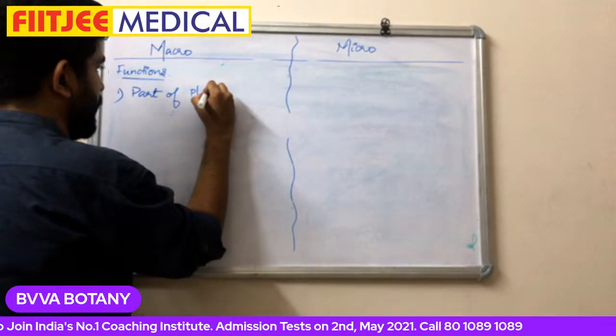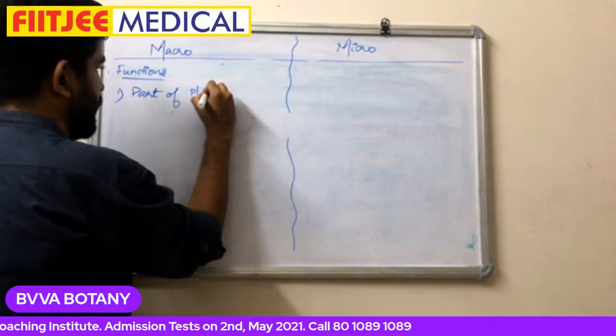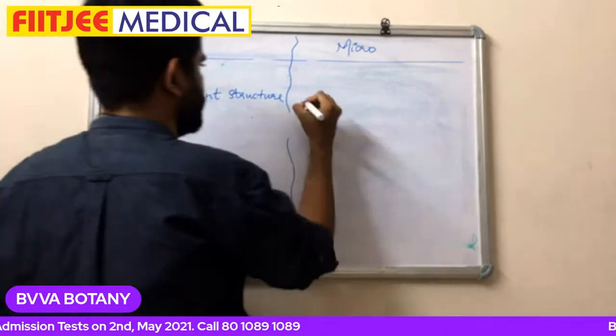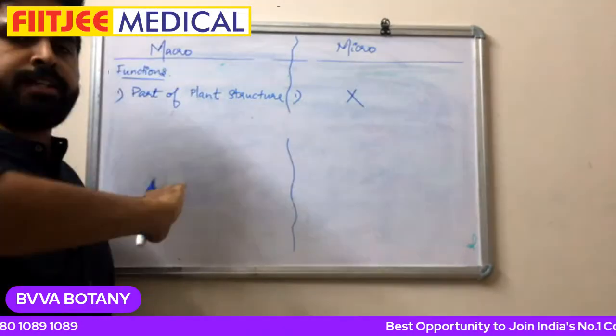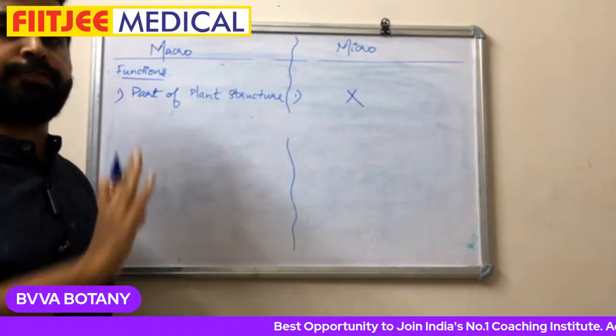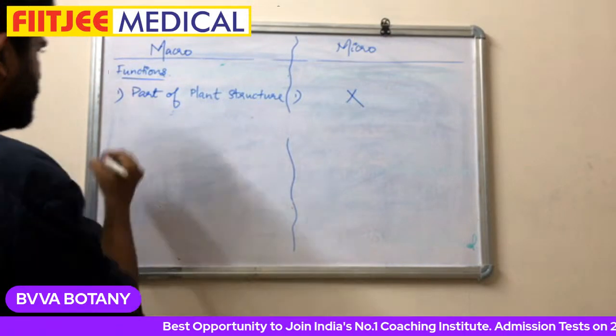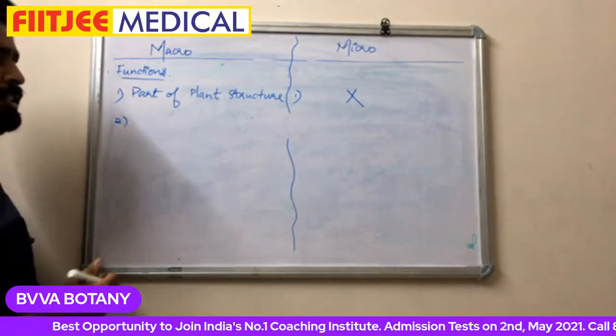Whereas micronutrients are not part of the plant structure or cell structure. As we said, macronutrients are part of the plant structure.